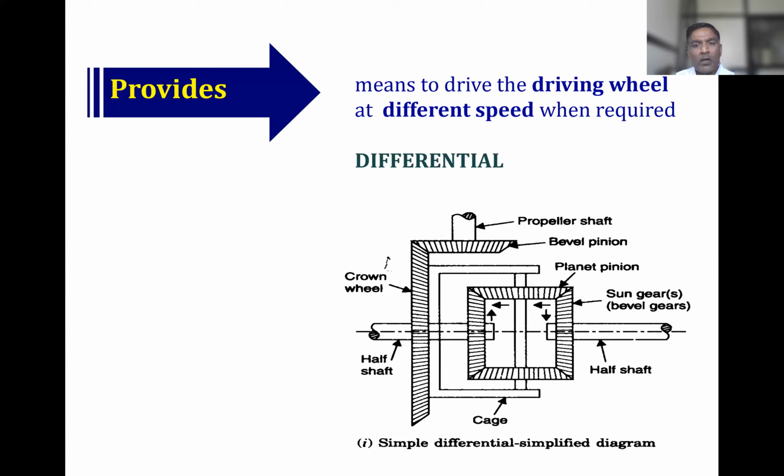So for that, differential is required. So this differential provides means to drive the driving wheel at different speed when required. So this is the schematic or simplified diagram for the differential. So we are going to see in detail. This is only for your understanding. I have shown one figure.